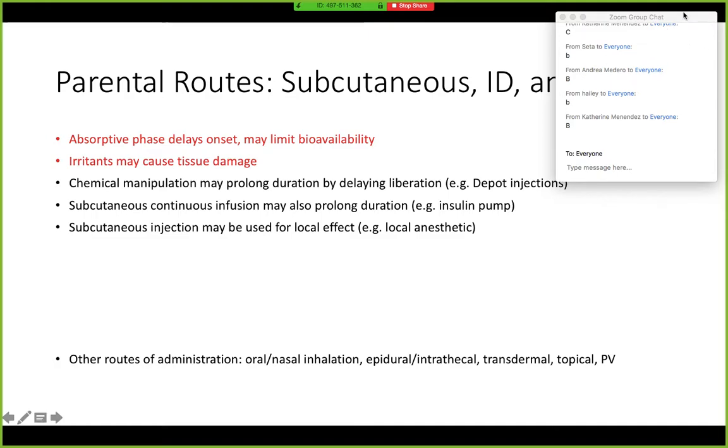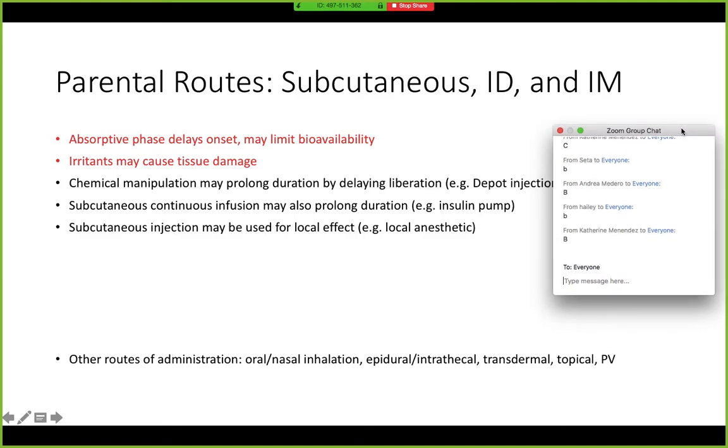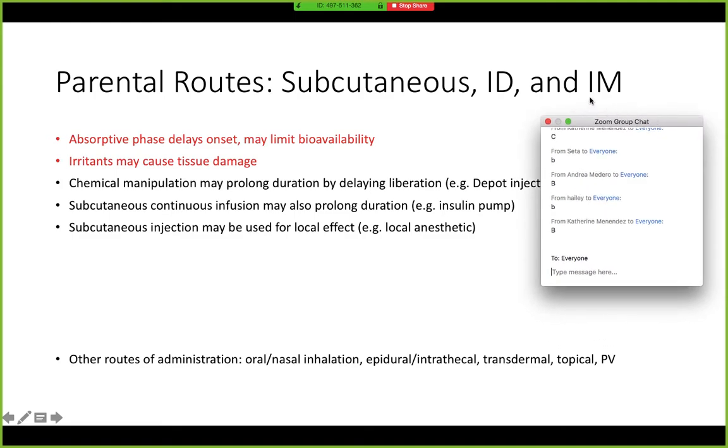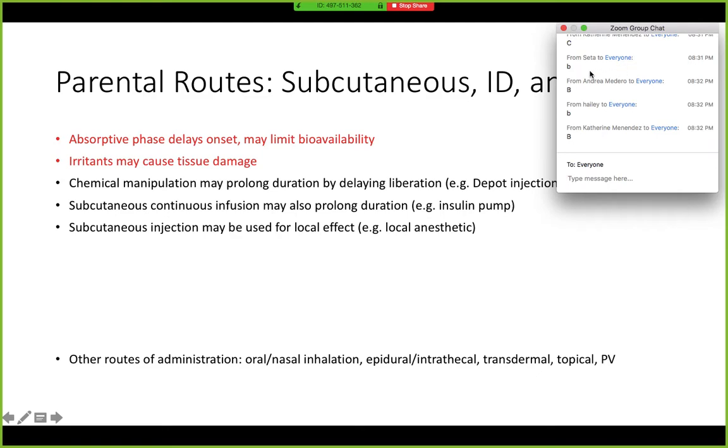Our last couple of parenteral routes are going to be sub-Q, ID, which is intradermal, and IM, which is intramuscular. These are important because the absorptive phase is going to delay the onset of the drug. So if you want the drug to last over a longer period of time, choosing one of these routes might be most appropriate.